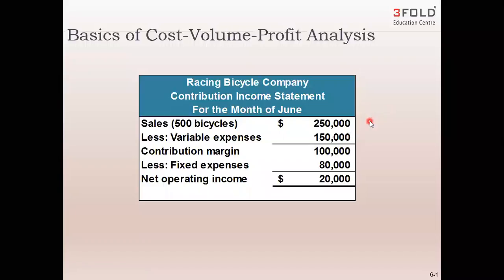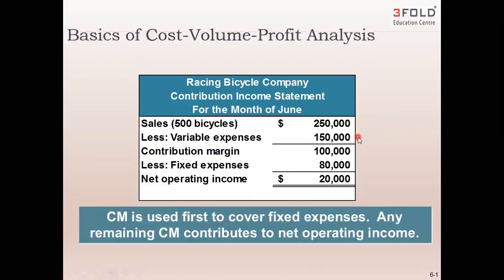You will notice here that there is the sales figure, and right after the sales figure there is the variable expenses. The variable expenses typically mean all those costs that vary with volume. So for instance, if you're selling one cycle, it costs a certain amount of material, it costs a certain amount of labor, and probably other expenses.